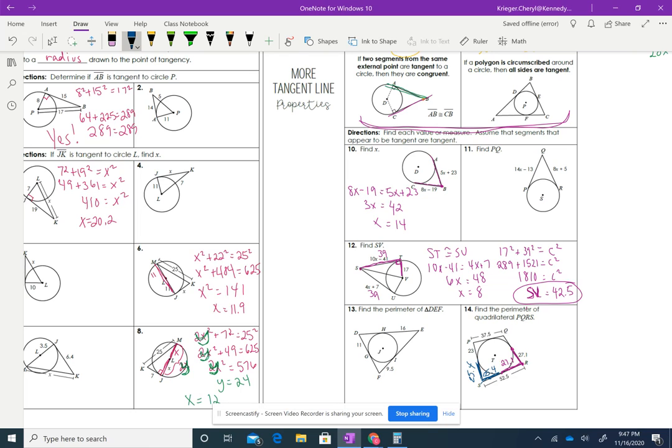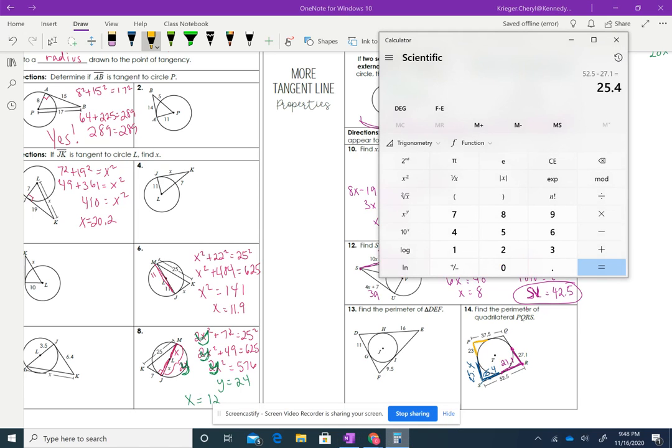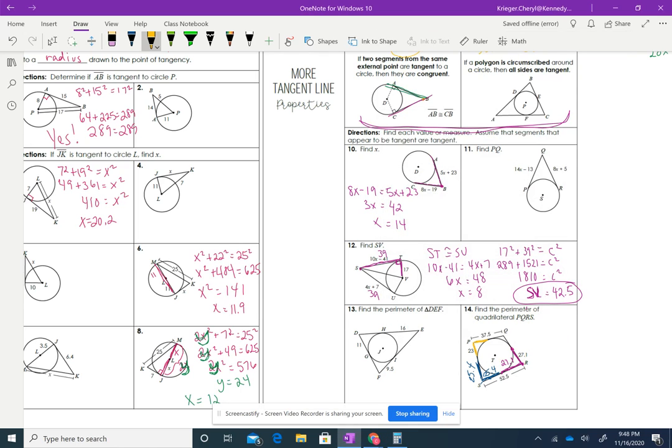We're going to subtract 23 from 37.5 to get 14.5 for this point here, right?